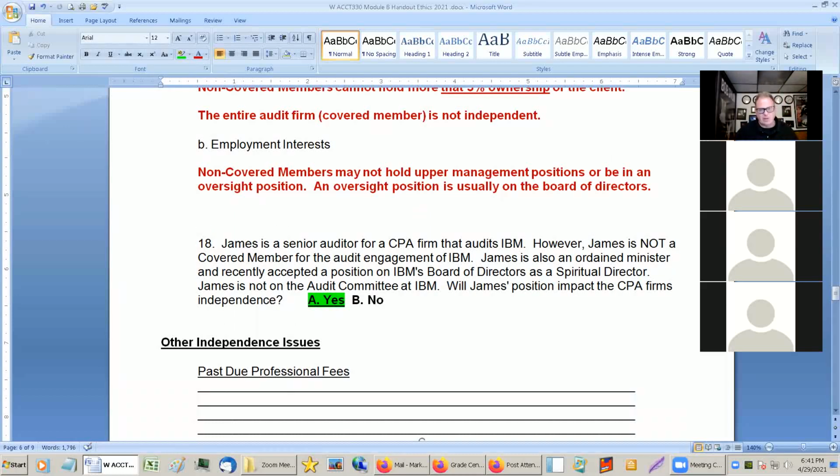I tell you the exception to the rule because a lot of times on the CPA exam, they ask you about the exception, not what the rule itself is.